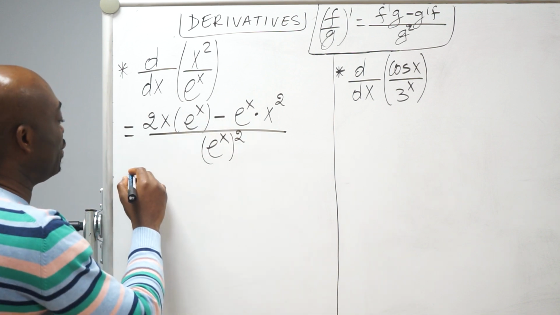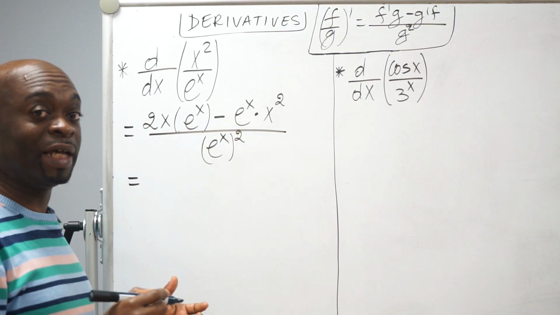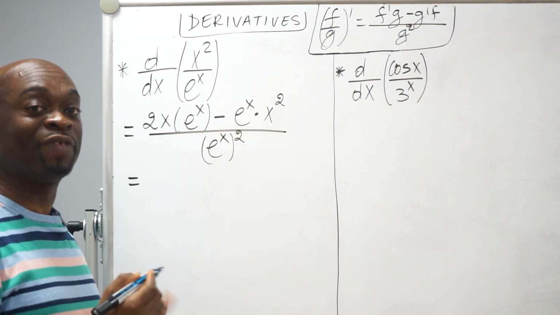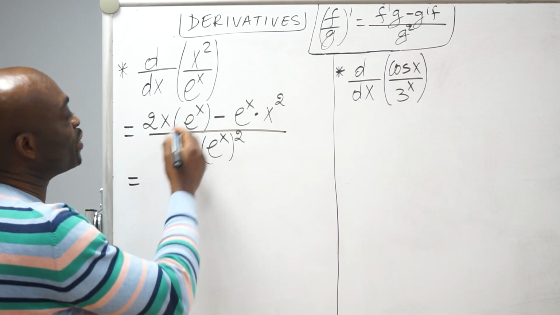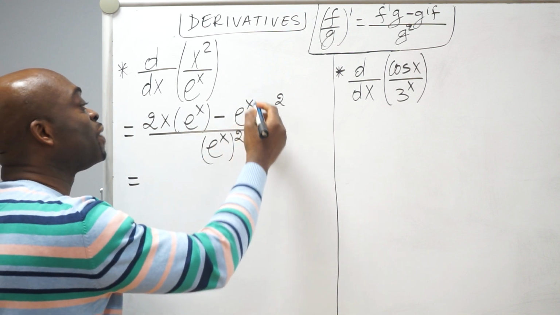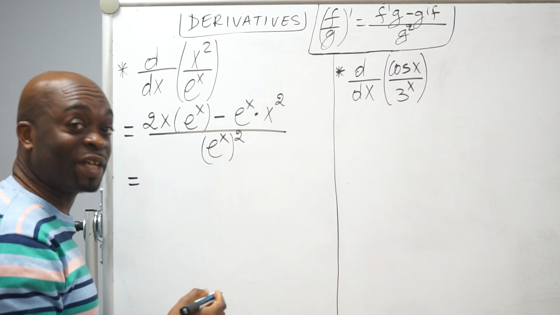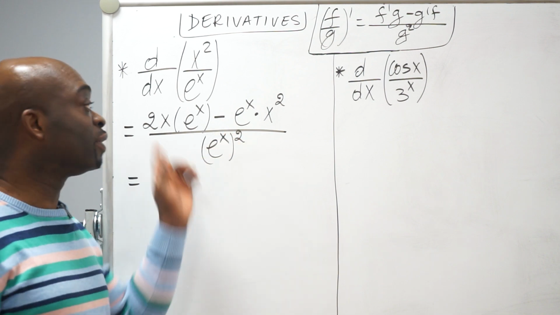And then once we get there, it's all about seeing what we have on the top and how we can combine them if there's any simplification to do. So 2x times exponential x is just going to be the same thing, minus exponential x times x squared, also the same thing. But is there any way we can factor the top expression?